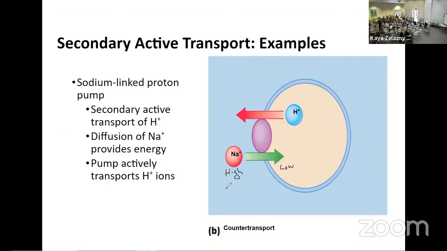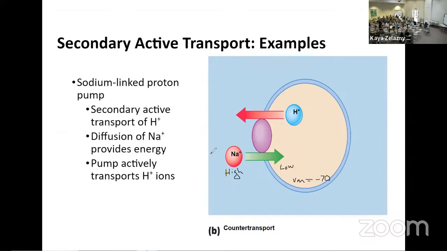That's our concentration gradient. And we happen to know that most cells have a membrane potential of -70, so we also have an electrical driving force for sodium going into the cell. This is part of why sodium is so useful as a way to power secondary active transport, because it has a double strong desire to go into the cell.